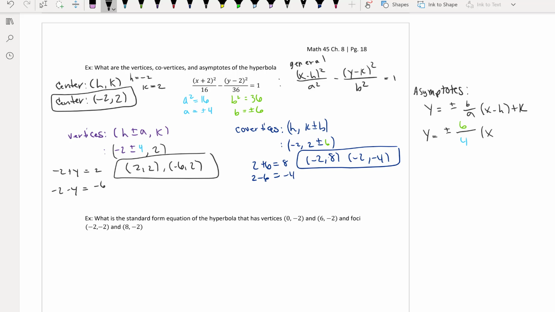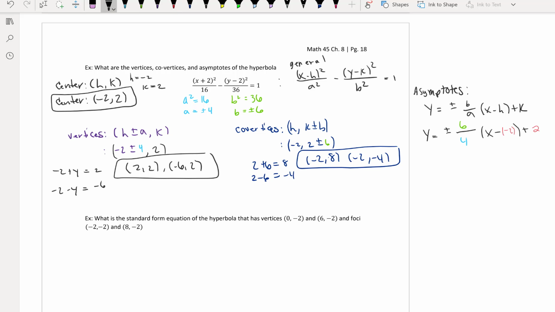I have x minus my h value, which is -2. Plus my k value, which is +2.